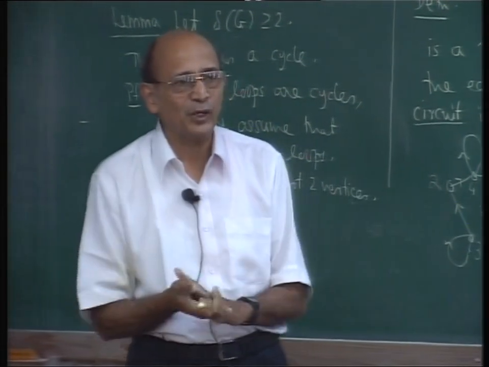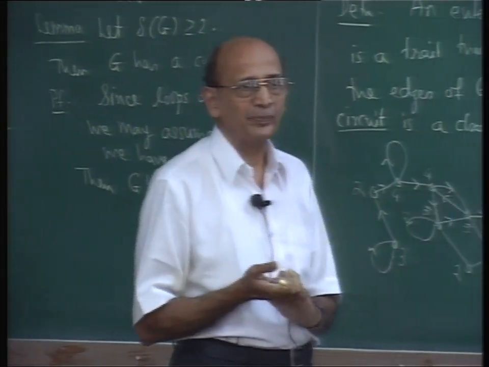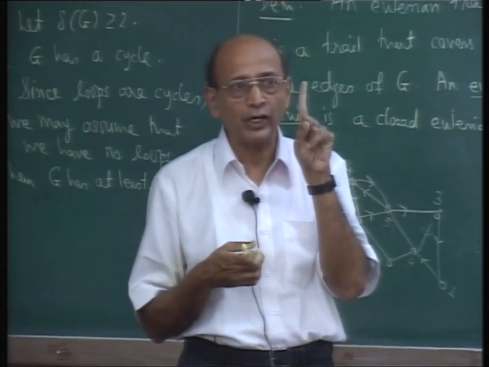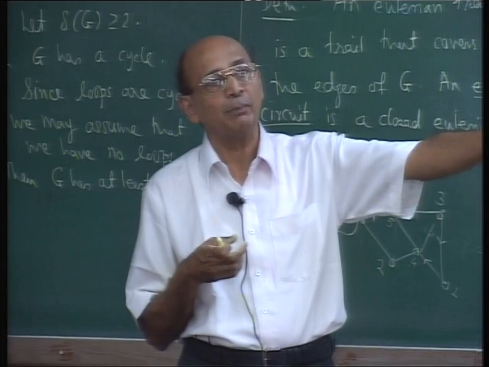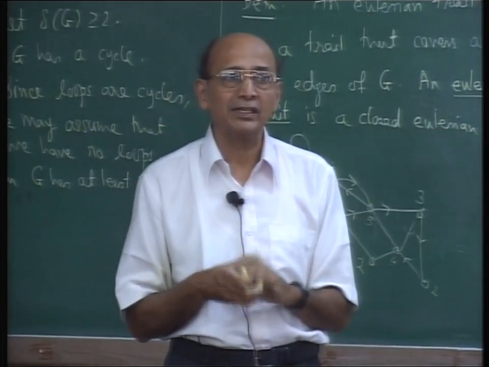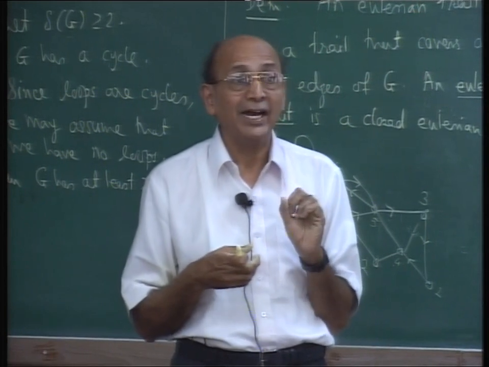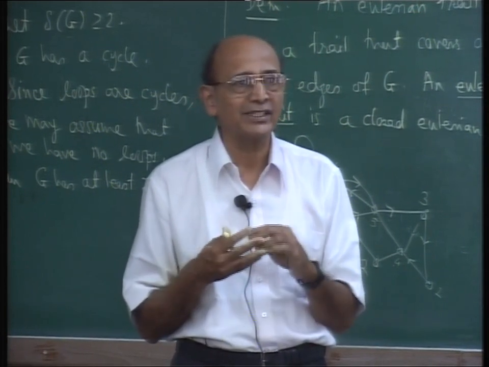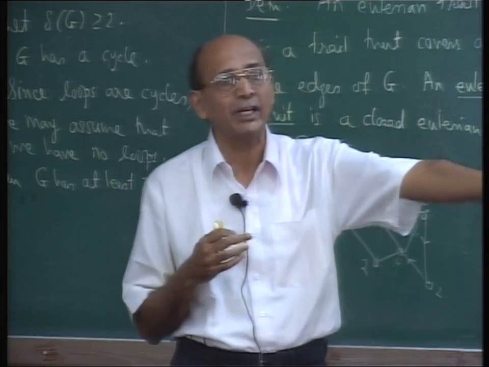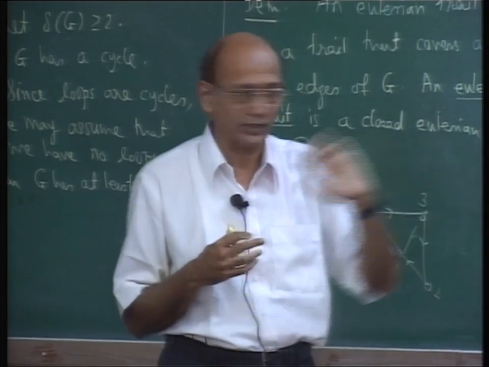Just following the Eulerian circuit, each time you get into a vertex, there is a contribution of 1, and each time you step out of that vertex, there is a contribution of 1 more. Take any vertex: as many times as you get into that vertex, equally many times you will be stepping out of that vertex.